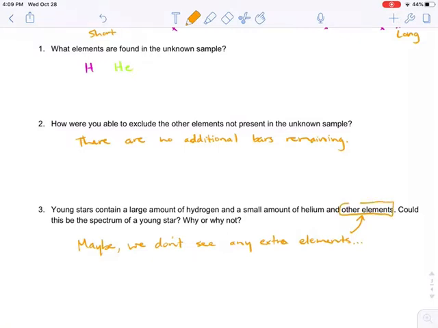And it says here that it's possible that it can contain other elements. So for us, it's kind of inconclusive.